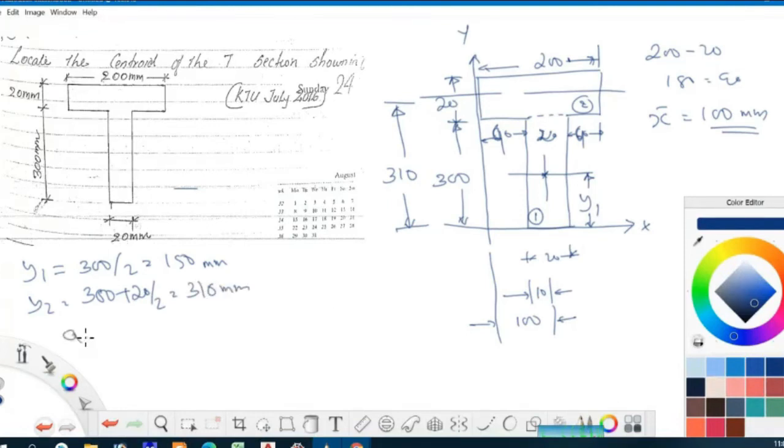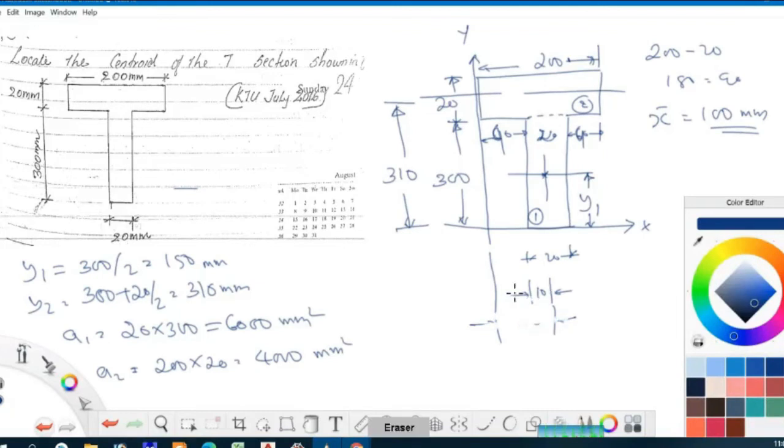A1 is equal to 20 into 300, equal to 6000 mm square. And A2 is equal to 200 into 20, equal to 4000 mm square. X bar we already got.